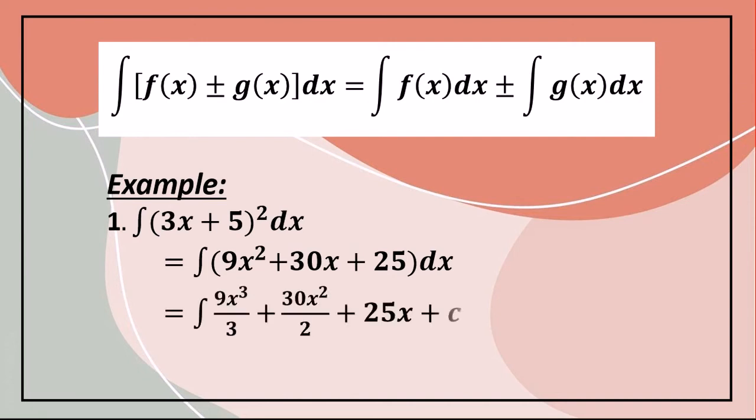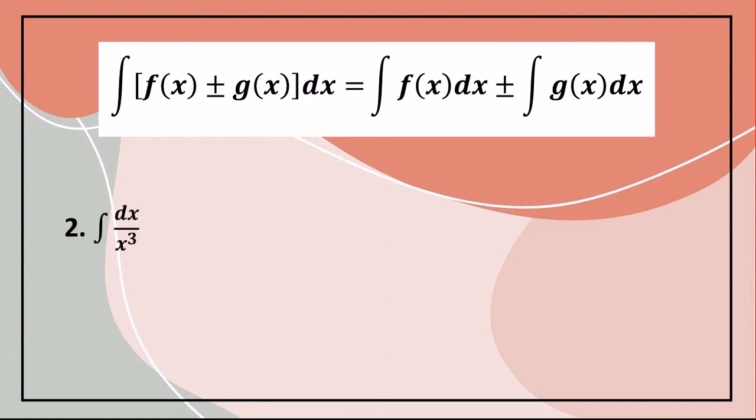So we have here 9x cubed over 3 plus 30x squared over 2 plus 25x plus c. And we can simplify this one. So the final answer will be 3x cubed plus 15x squared plus 25x plus c.